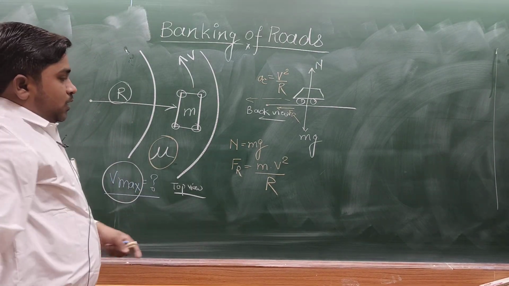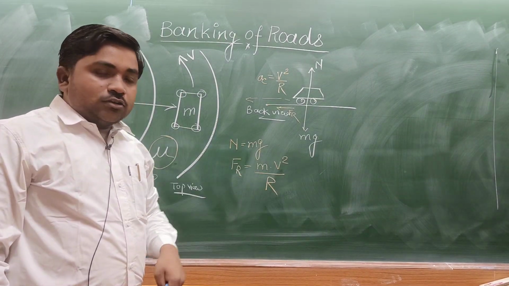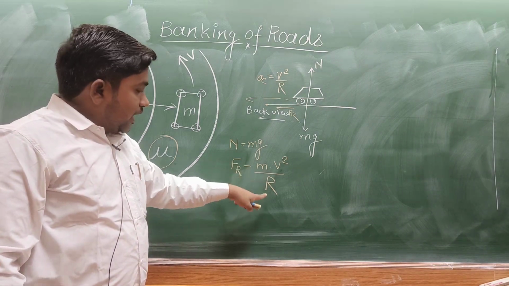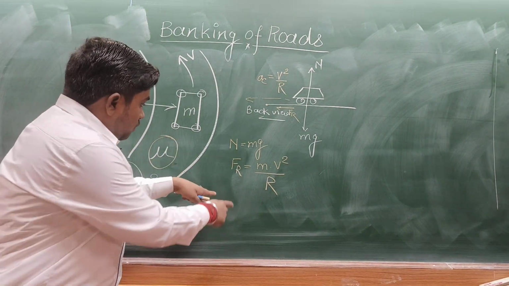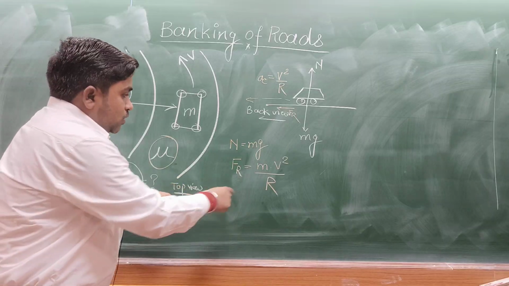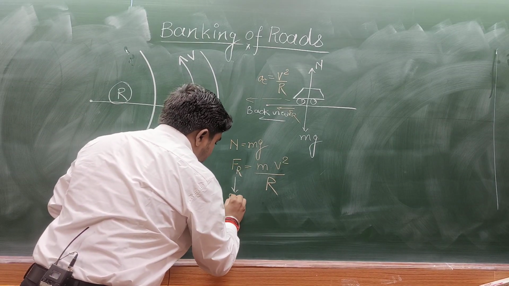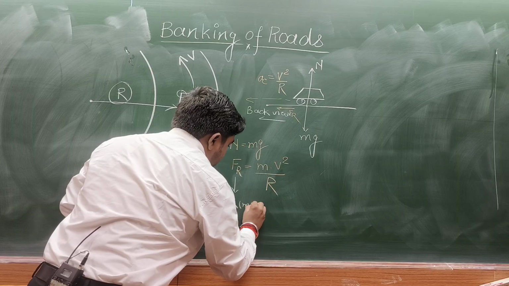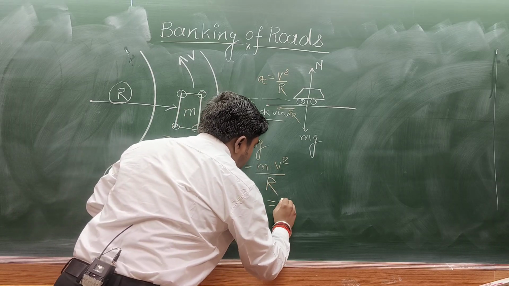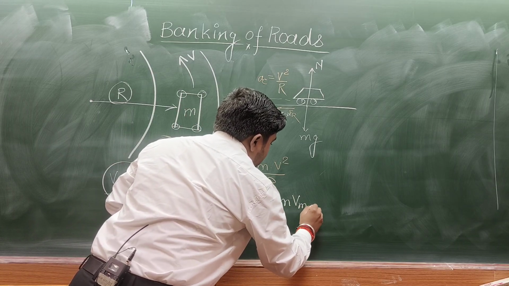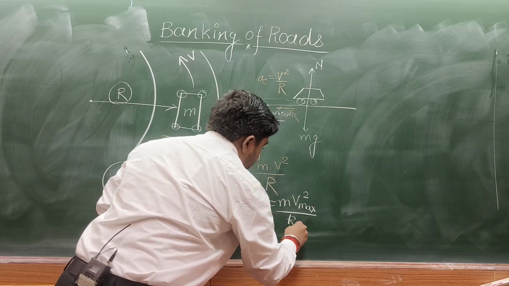Vmax. If I have to maximize the velocity here, can you change mass? Can you change the radius of the track? No. What will change? The Fr will change. So to make this Vmax, I will make this Fr also maximum. So this we can write like this also, that Fr max is equal to m into Vmax square by r.